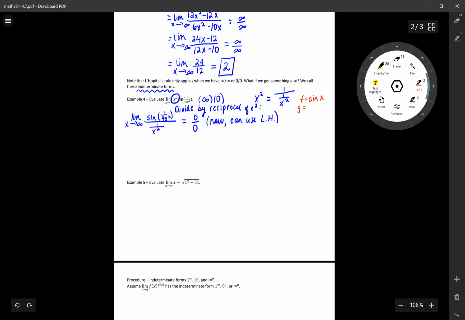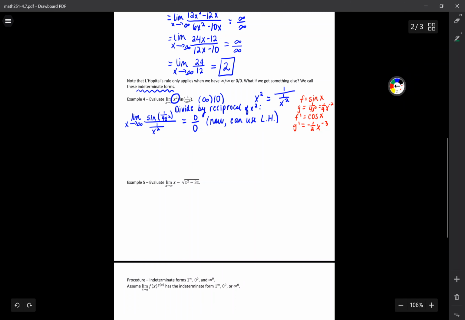My inner function will be 1 divided by 4x squared, also known as 1/4 x to the negative 2. That gives me f prime is equal to cosine of x, and g prime is equal to negative 1 divided by 2 x to the power of negative 3.